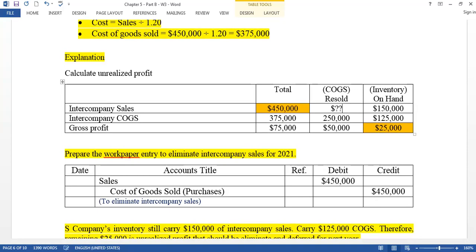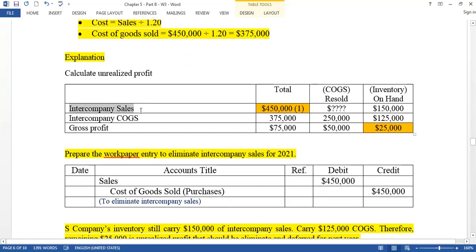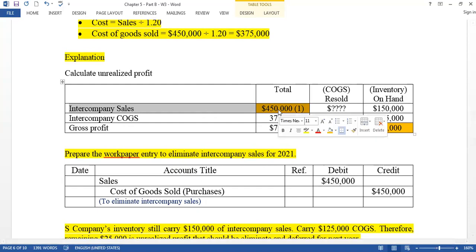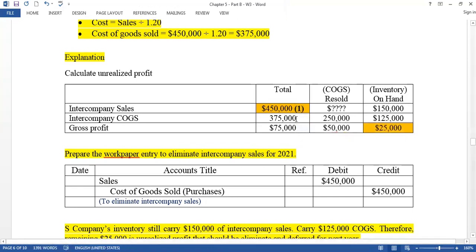So the parent company sells $450,000. This is the first entry we have to eliminate, because this is intercompany sales, right? $450,000 is the parent company's sales price, but this is also the subsidiary company's cost price, right? So this is the first elimination journal entry.